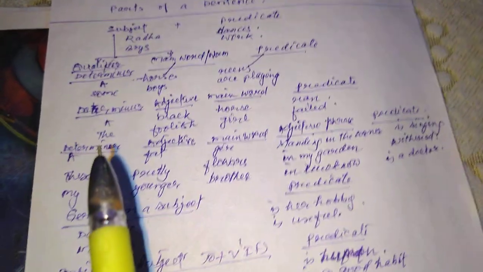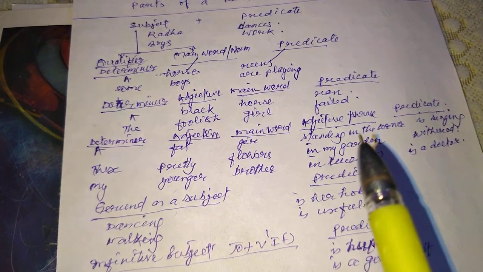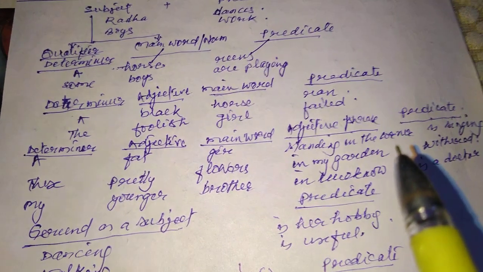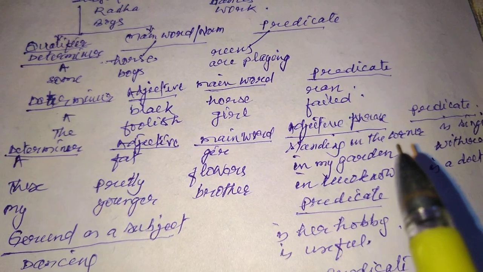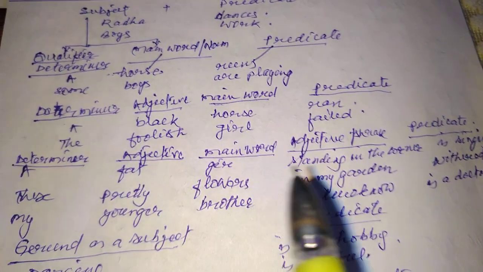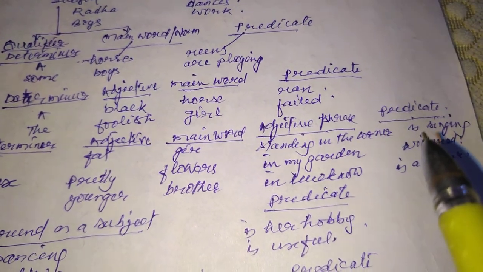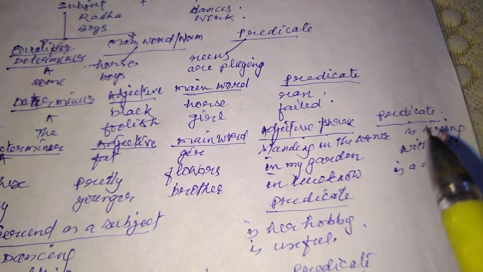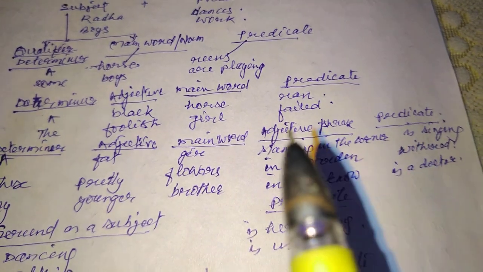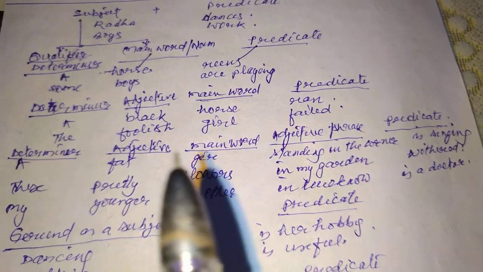So an example is here: a fat girl standing in the corner is singing. Is singing is the predicate. Standing in the corner is the adjective phrase, and girl is the main word.